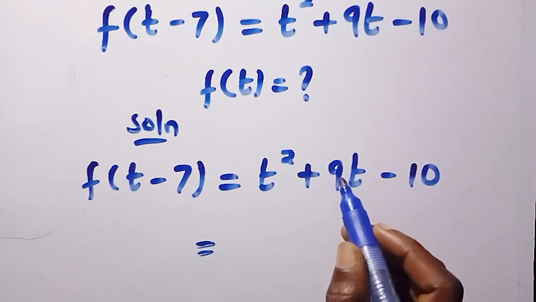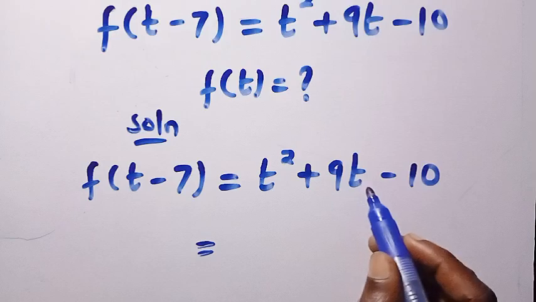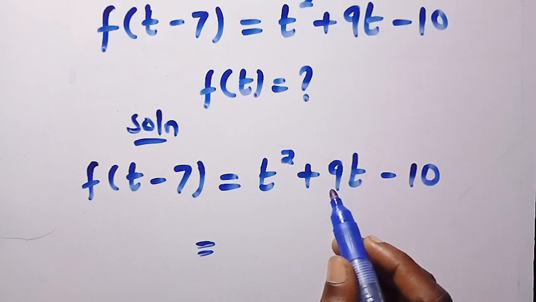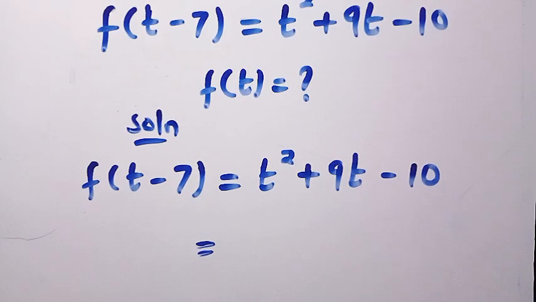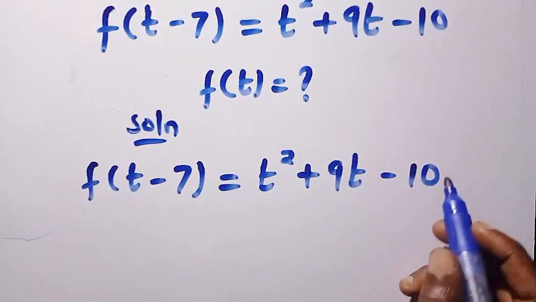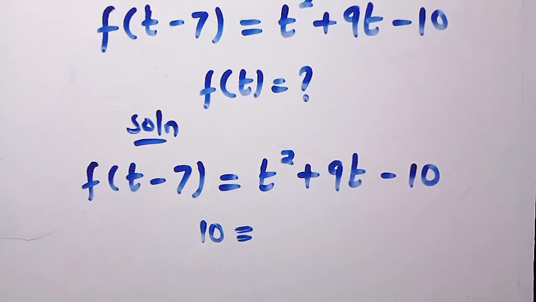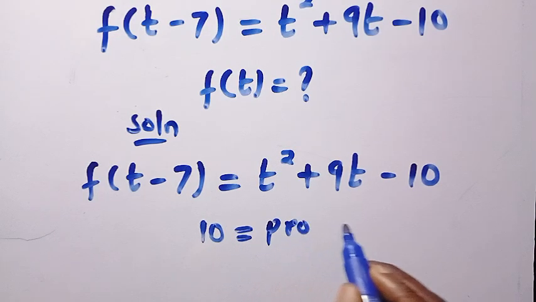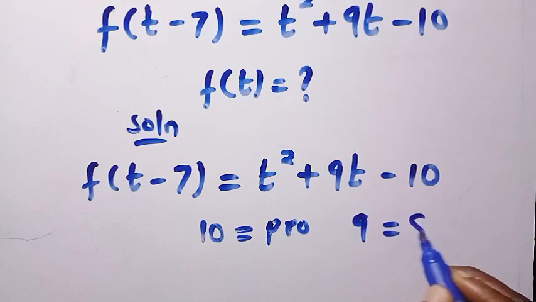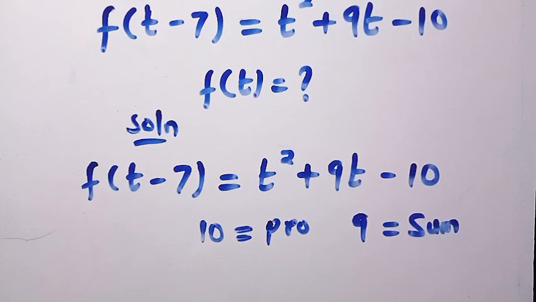So we are trying to express numbers that when we add them together give us 9, and when we multiply them together give us minus 10. So if you look at this, we have 10. What are the factors of 10? Here we have 10 as the product, and we have 9 as the sum.